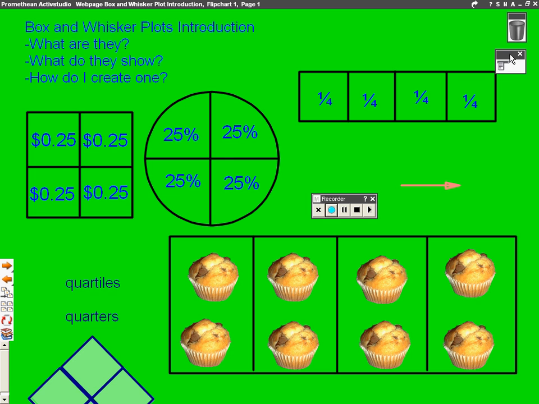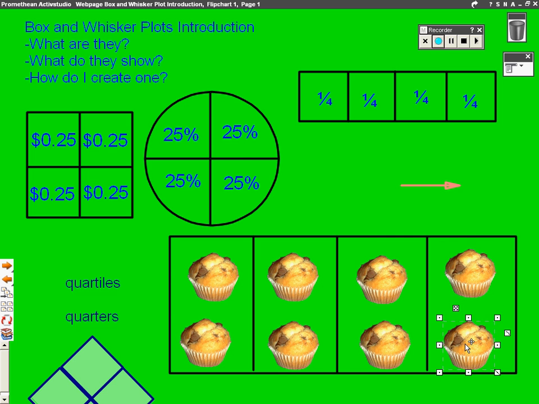Now, sometimes you can't split something up quite as evenly as you would hope. For example, down here if you look at the muffins, if we had 8 muffins and 4 people, each person, in order to get an equal amount, would get 2. However, what if we had 10 muffins? It doesn't work out so evenly. This is the same thing with numbers.